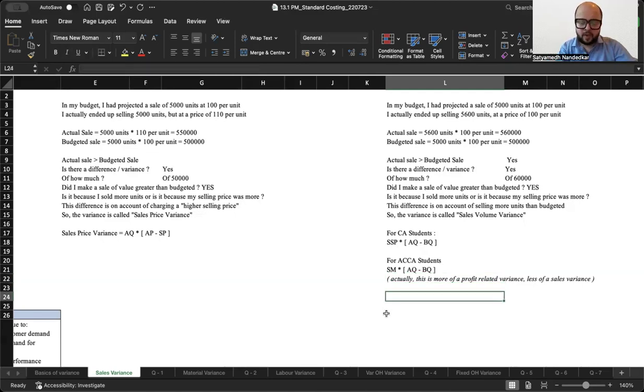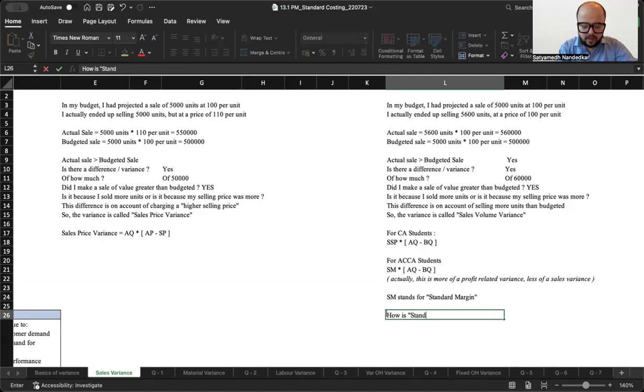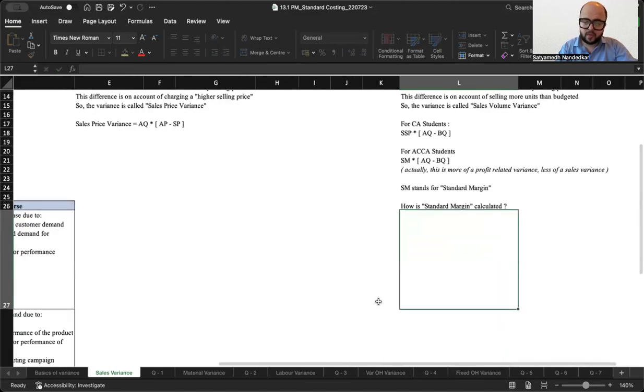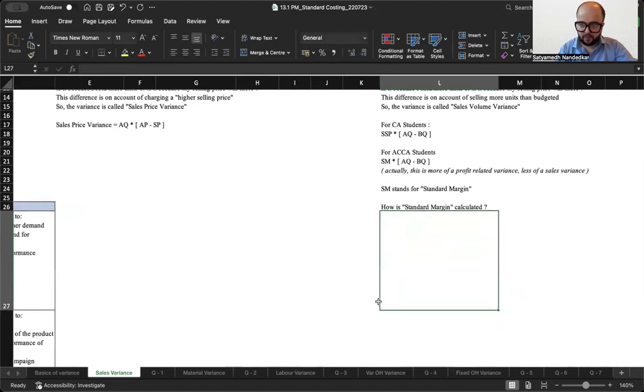Okay. Now, how do you calculate standard margin? SM stands for standard margin. And how is standard margin calculated? If you are using the marginal costing system, standard margin is equal to standard contribution per unit.